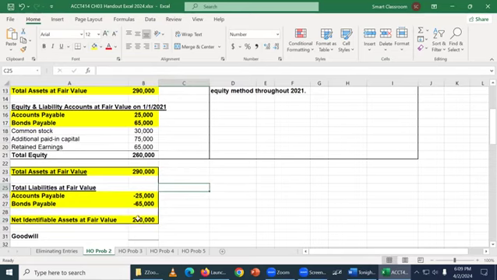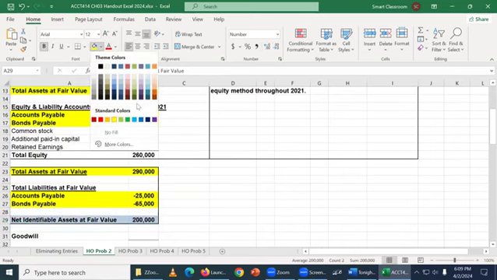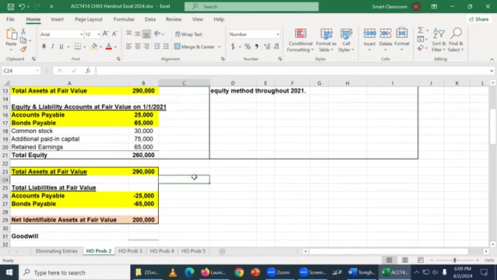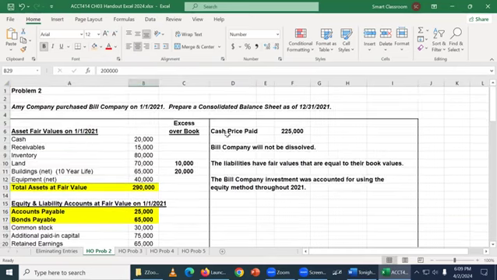That looks a little funny, so let's make this a different color. I'll make it orange. These are the identifiable assets. This is what the company's worth if you just add up the identifiable assets. This is what we paid for it.